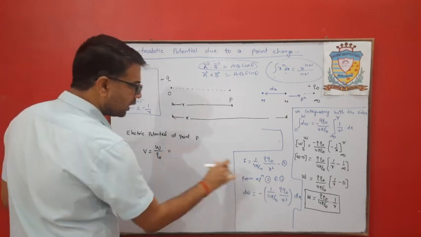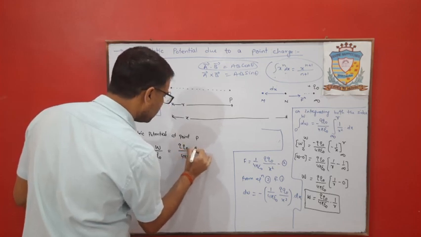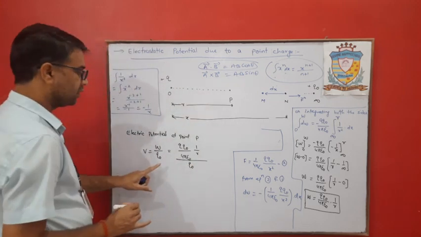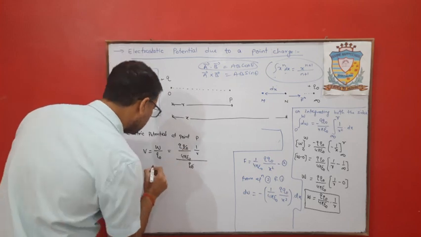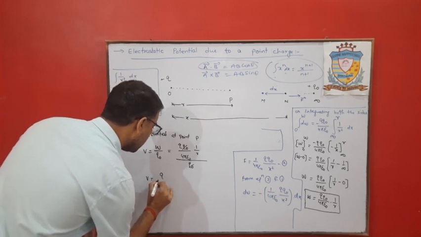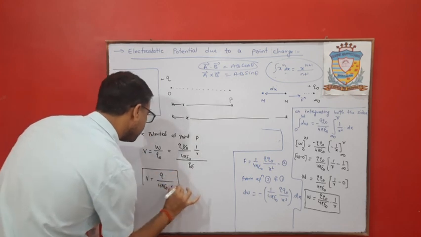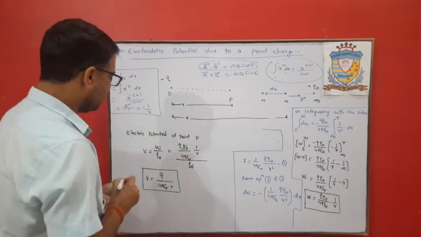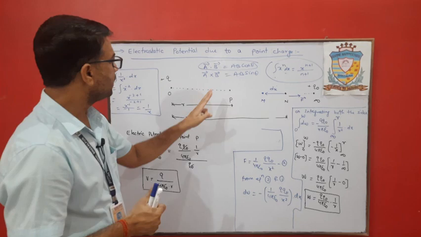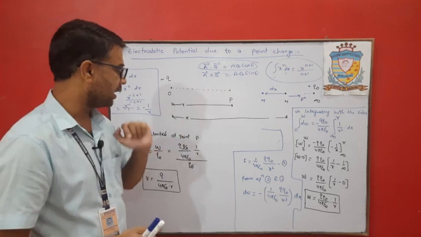The value of W is Q naught upon 4 pi epsilon naught 1 by R, and whole divided by Q naught, so these two will be cancelled out, and the value of V is Q upon 4 pi epsilon naught into R. So V is equals to Q upon 4 pi epsilon naught R. So this is the electric potential due to a point charge at any point.